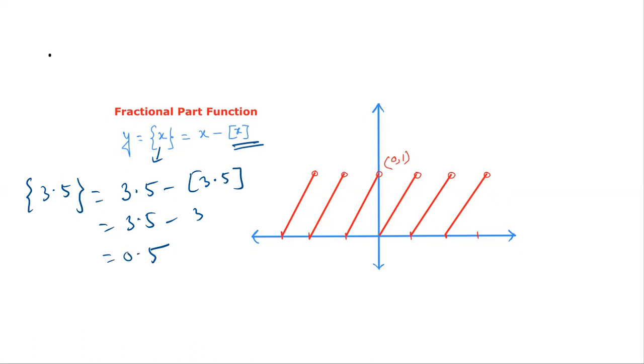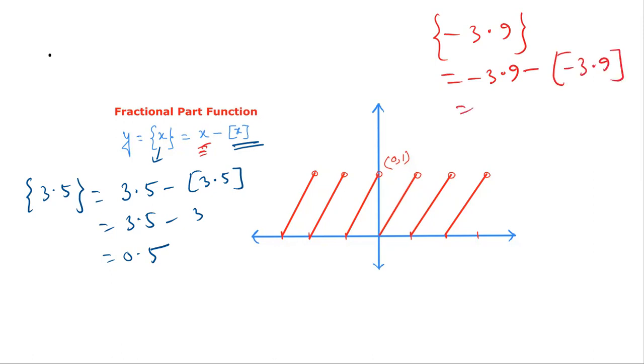In the same way, let's calculate the fractional part of minus 3.9. Whatever x is, we write minus 3.9, and then minus the greatest integer of minus 3.9.